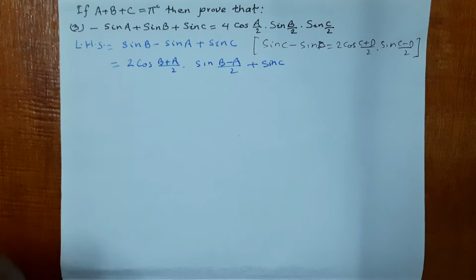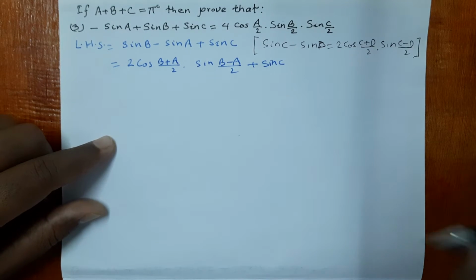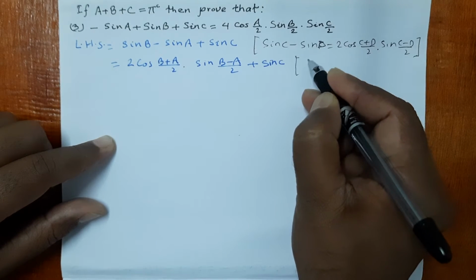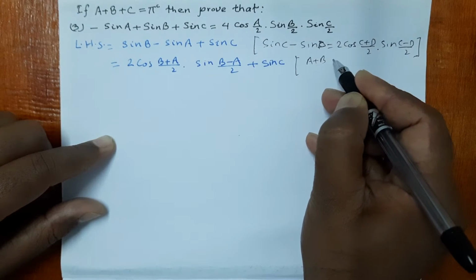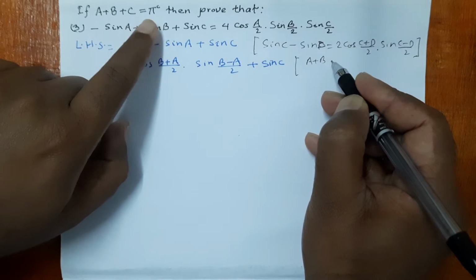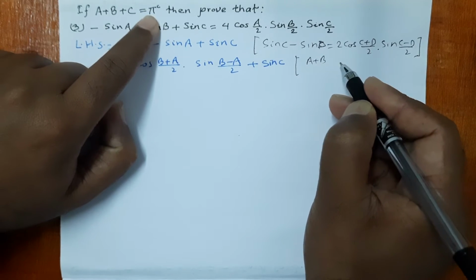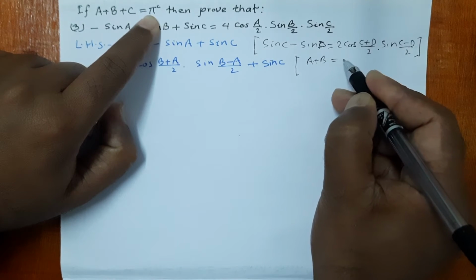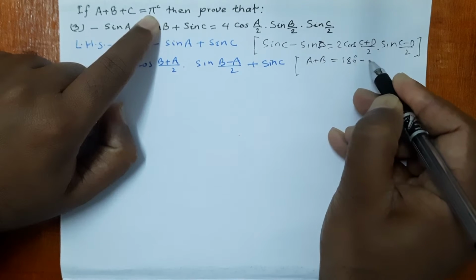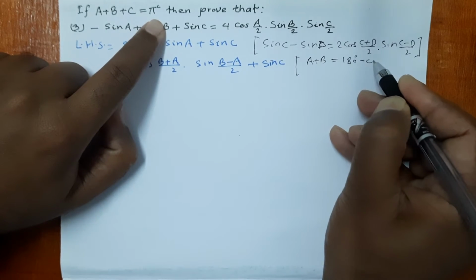And now you know that a plus b plus c equals pi radian, which means 180 degrees. So a plus b equals 180 degrees minus c, as c goes there and becomes minus c.